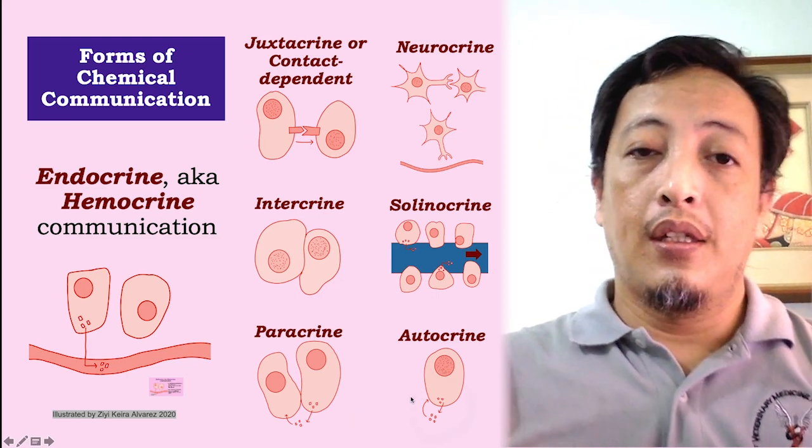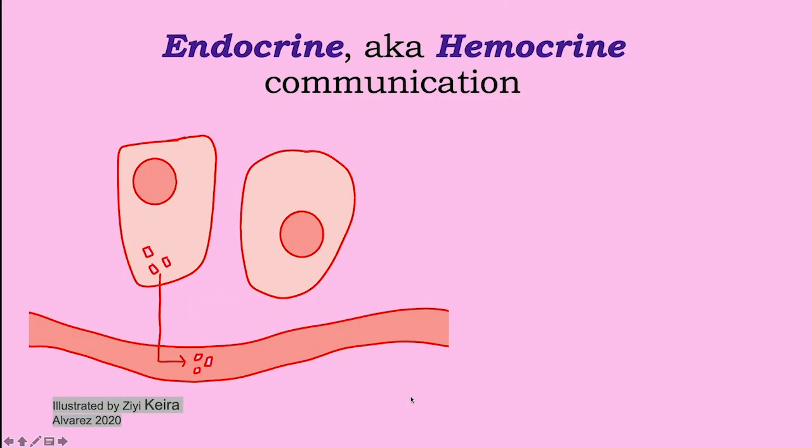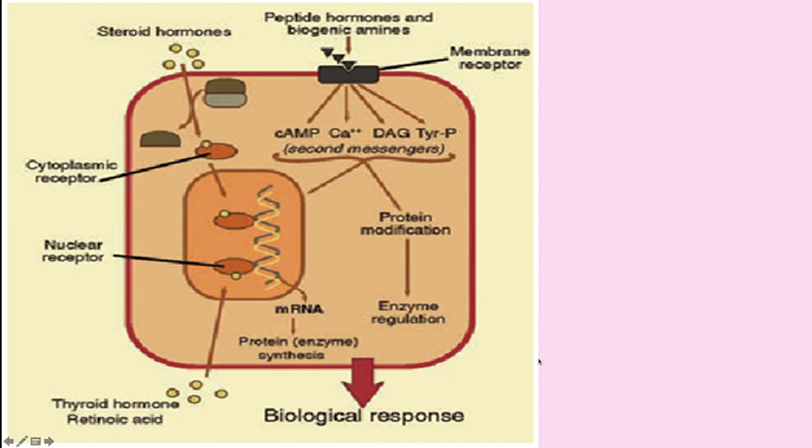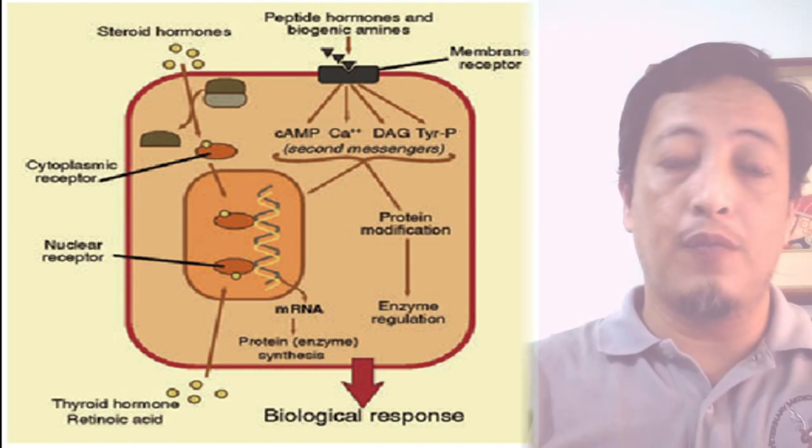Okay? So of course, ang focus natin would be endocrine or the hemocrine communication, wherein a chemical hormone is secreted by a gland or a tissue cell into the blood. The chemical hormone goes to its distant target cell to exert its effect. Okay?